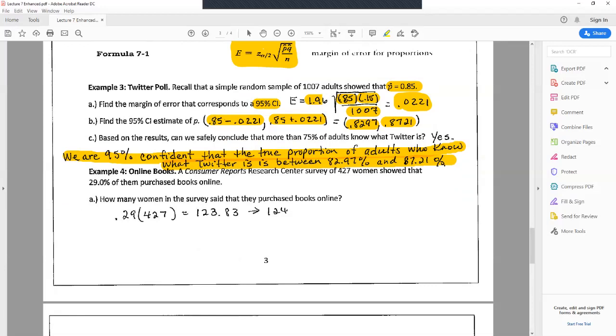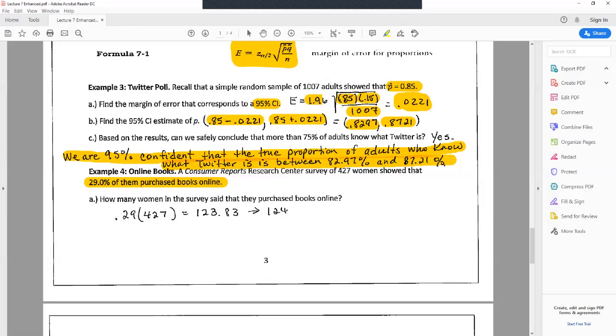Example 4, a Consumer Reports Research Center did a survey of 427 women, and they found out that 29% of them purchased their books online. How many women in the survey said that they purchased books online?